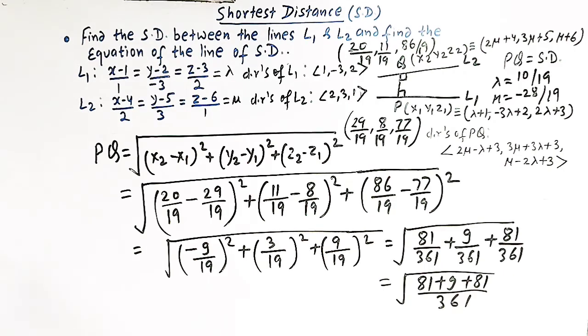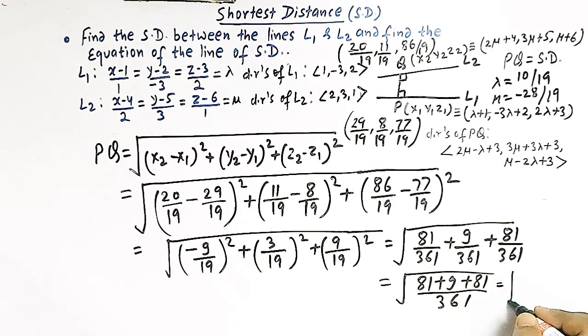So now this is the square root of 81 plus 9 plus 81, which is 171, and here we have 361, right? So now let us reduce this fraction, that is 171 over 361, into the lowest terms.